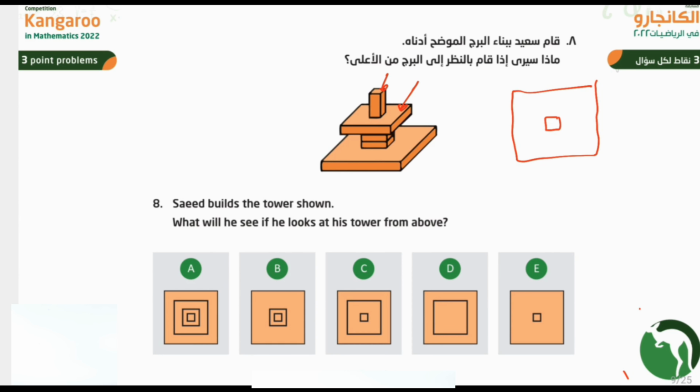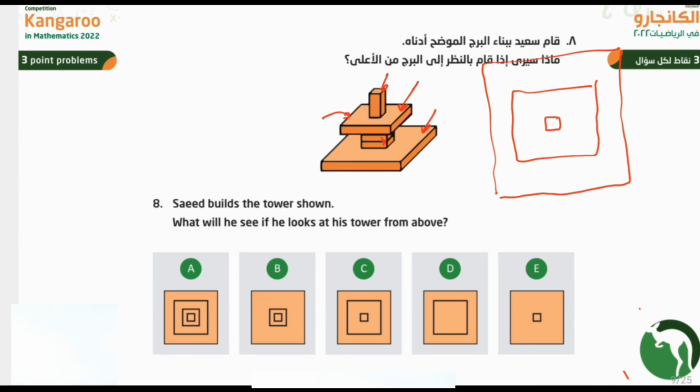And then he will see this one. He will not see these two blocks because this one here is big and will cover these two blocks. So he will just see the last one here, the biggest one. So we will draw it like this. Now this is the shape from above.